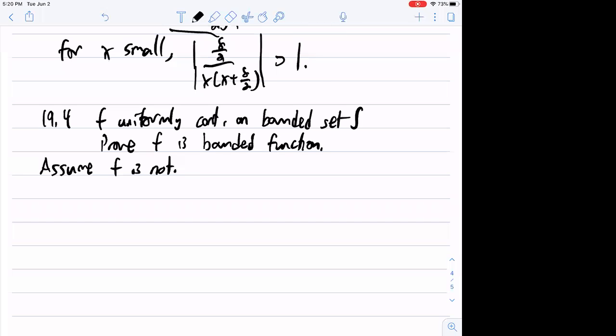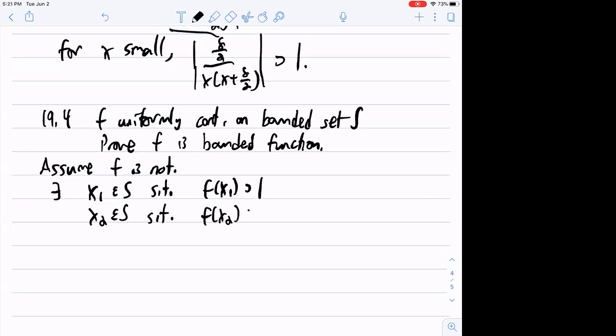What does it mean that it's not bounded? Well, it means that there exists x1 in S such that f of x1 is bigger than 1, because if not, then it's bounded by 1. And then there exists x2 in S such that f of x2 is bigger than 2, right? And then xn in S such that f of xn is bigger than n.